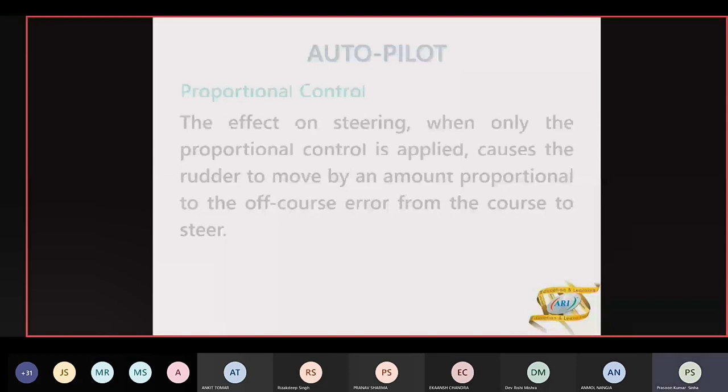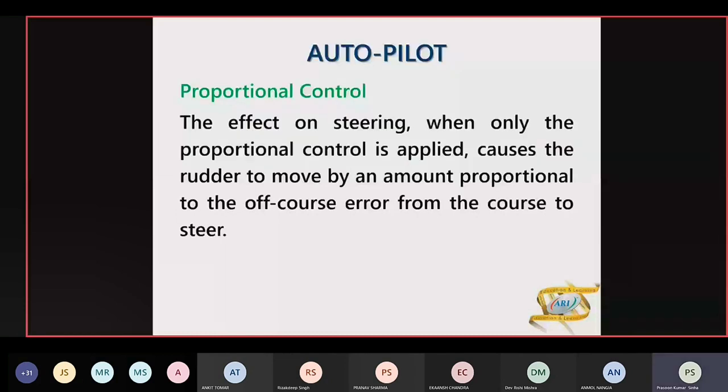The rudder is applied in proportion to the difference between set course and present course. More the difference, more the rudder. Less the difference, less the rudder. When this is applied, the vessel starts to swing. There the derivative will come.